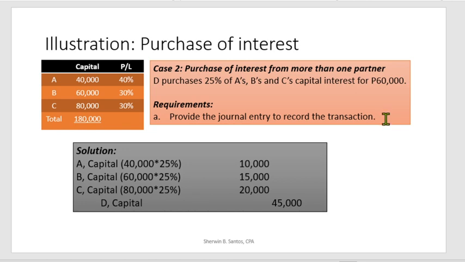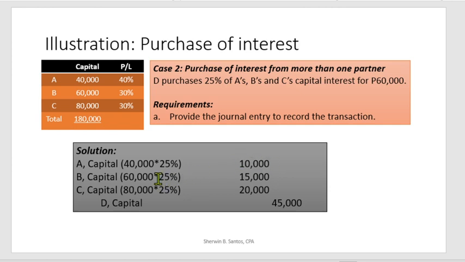Since ang sabi natin, there is no gain or loss in the partnership's books, then transfer within equity lang ang gagawin mo. So A, B, and C ang pinagbilan, 25% na kanilang capital. So, magkano capital ni A? 40,000 times 25%, yan ang mababawas sa kanya, 10,000.